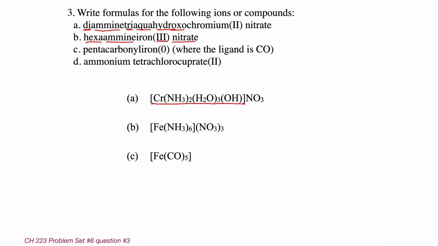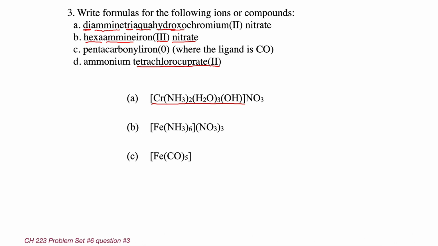And then the next one, ammonium tetrachlorocuprate 2. Now, this is an example where the metal is in the negative part of the ion. Remember, an ionic compound always has a cation and an anion, a positive and a negative part. And if you see that ATE ending, that means it's on the negative part. So cuprate, that's a copper +2, but it's in the negative.